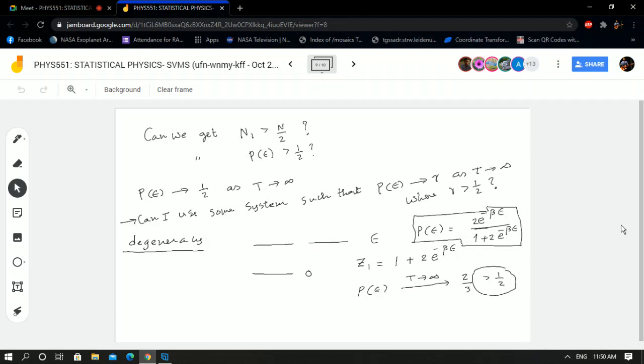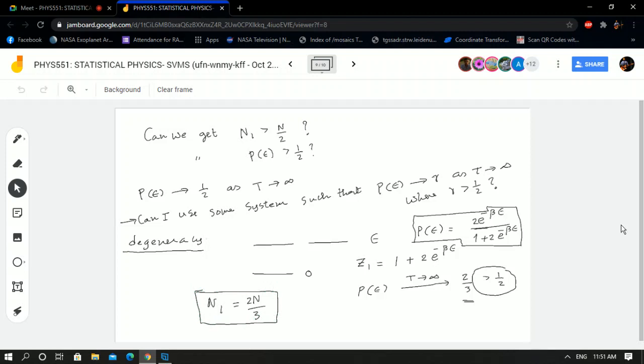Even at positive temperature, the average number of particles in the excited state, N2, is going to be equal to 2N by 3 in this case.